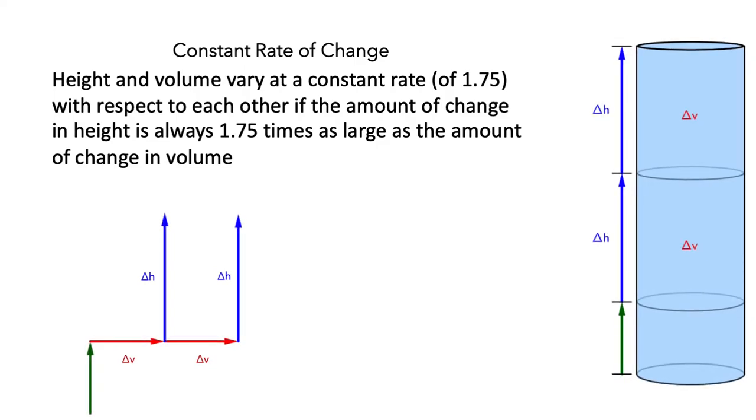It's still the case that for each of two sections of added volume, the amount of change in height is about 1 and 3 quarters times as large as the amount of change in volume.